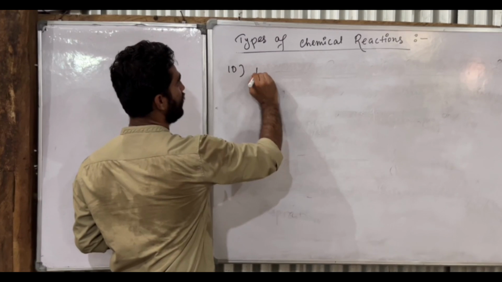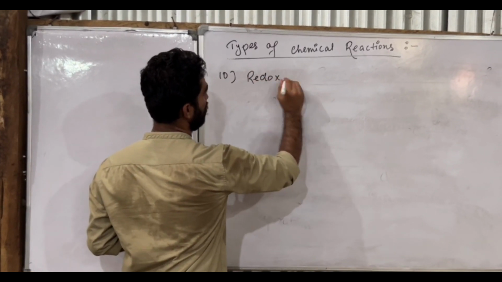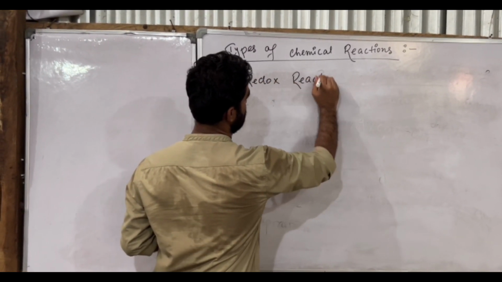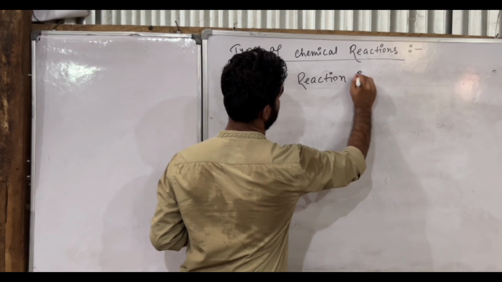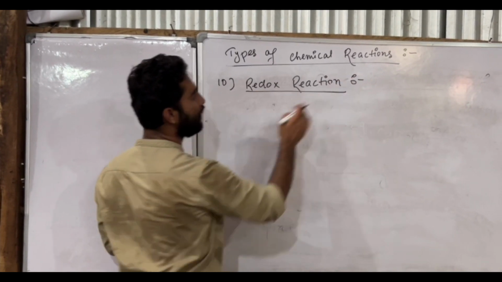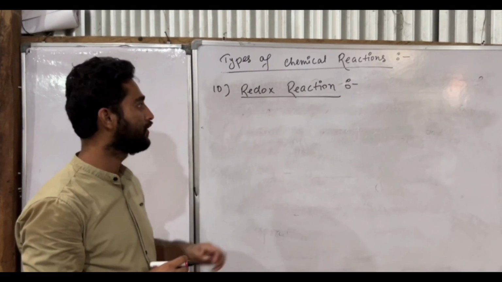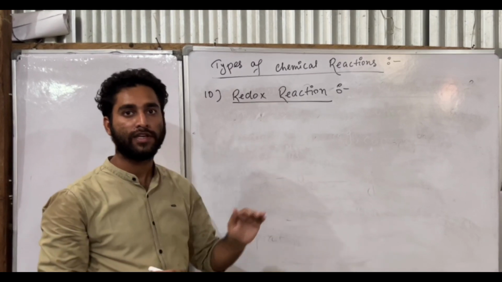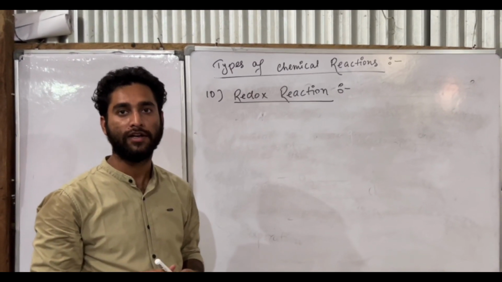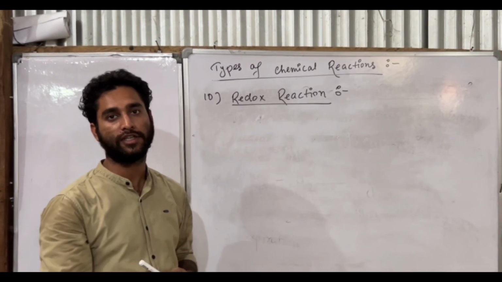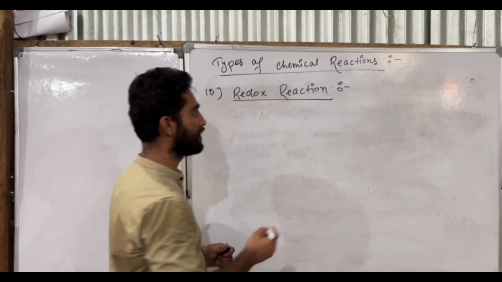Number 10, redox reactions. Or this can also be said as the oxidation reduction reaction. So what is a redox reaction? It is a type of chemical reaction where both oxidation and reduction processes take place simultaneously.